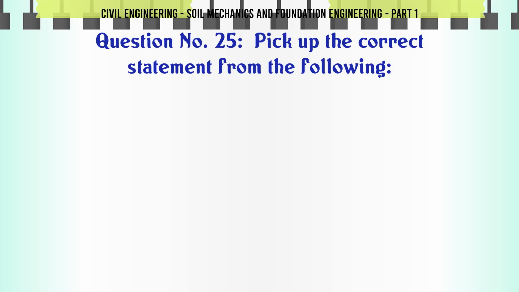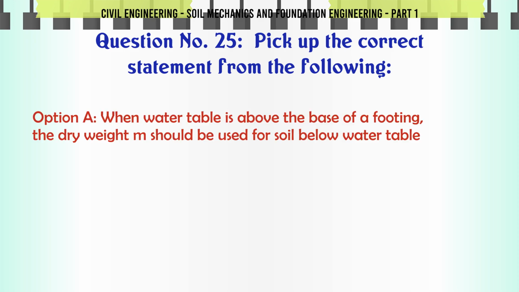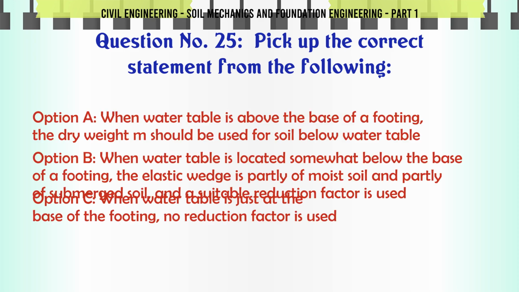Pick up the correct statement from the following. A. When water table is above the base of a footing, the dry weight should be used for soil below water table. B. When water table is located somewhat below the base of a footing, the elastic wedge is partly of moist soil and partly of submerged soil and a suitable reduction factor is used.